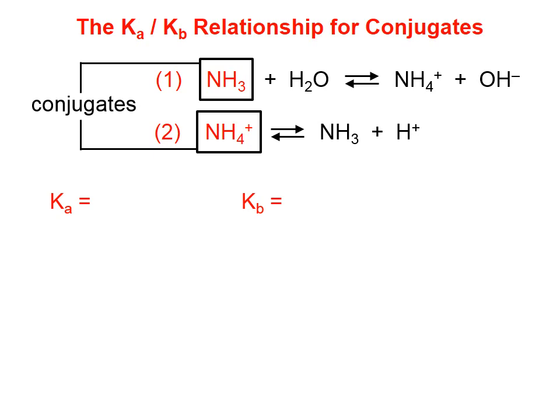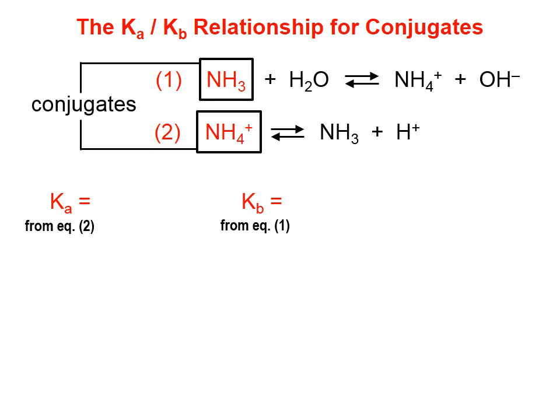Based on these equations, let's write a Ka and a Kb, that is, let's write an equilibrium constant expression. For which equation, 1 or 2, would we write a Ka? That would be equation 2, because in equation 2, ammonium ion is donating a proton.